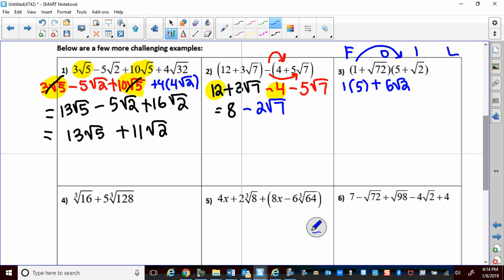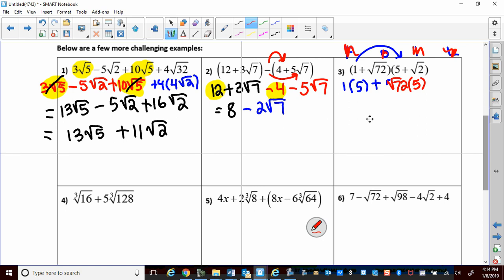But actually, you know what? I don't want you to be confused. So the square root of 72 plus the square root of 72, that's my inner, times 5. That's okay. We're not going to use this method. Okay?